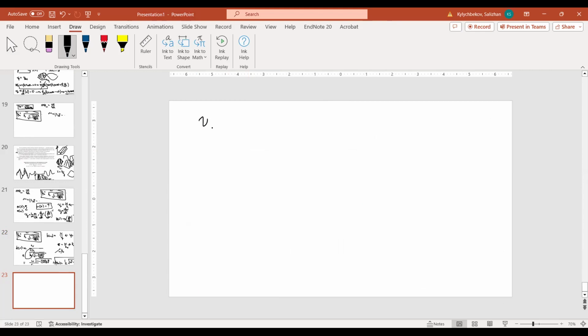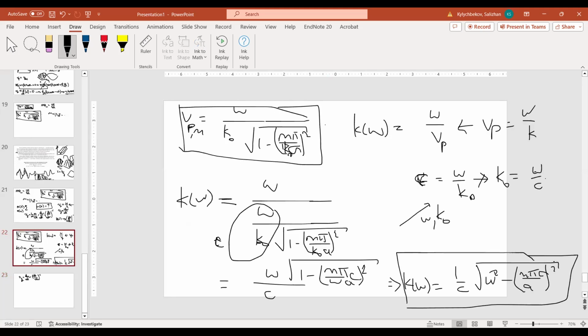The group velocity, we know that it is d omega over dk. It's equal to dk over d omega, inverse. We know k as a function of omega. It is this.